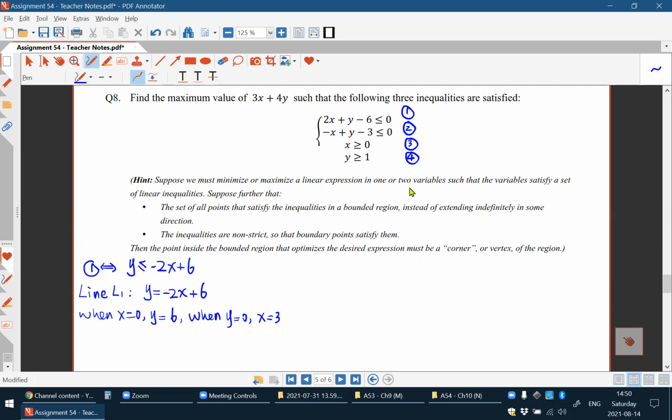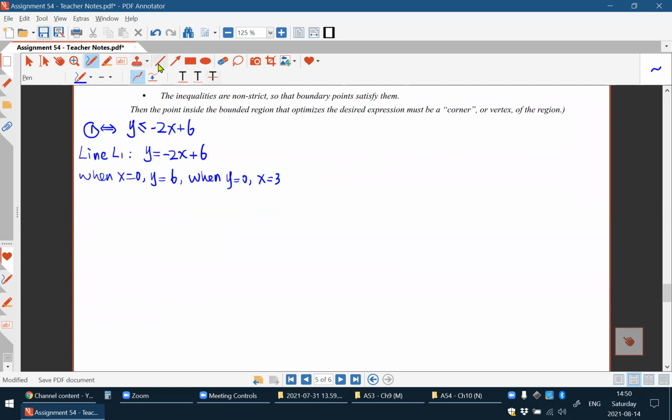Okay, so now we can draw the first line and its corresponding region on the 2D Cartesian plane. Okay, y-axis and x-axis. First line passes through 2 points. First point, 0, 6.